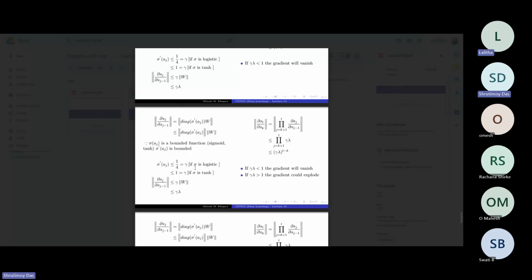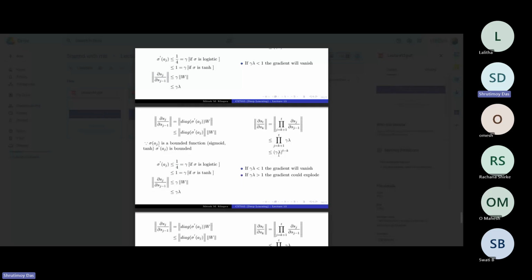Suppose the gradient is not exploding, it is diminishing, almost vanishing, close to zero. For that question, there they gave this W as 2.5, and they used a logistic function, so gamma was 1/4.